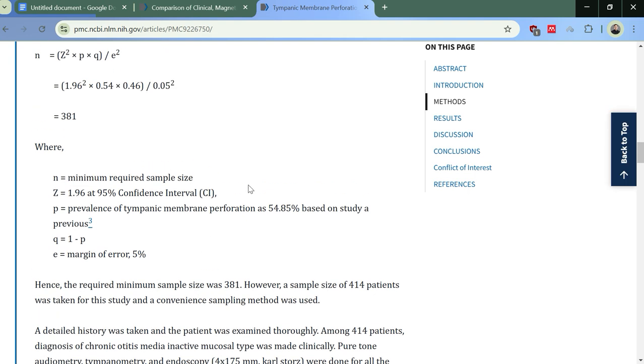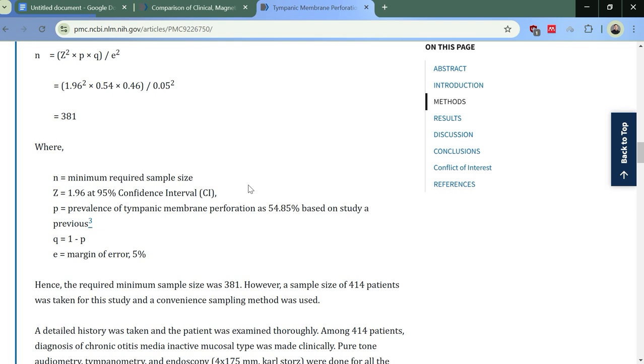Suppose you work in a clinic where the patient flow is very low and you want to do a study with a lower sample size, or let's say you are going to do a very rare study and you think you are not going to have so many cases, so you want to take a lower sample size.